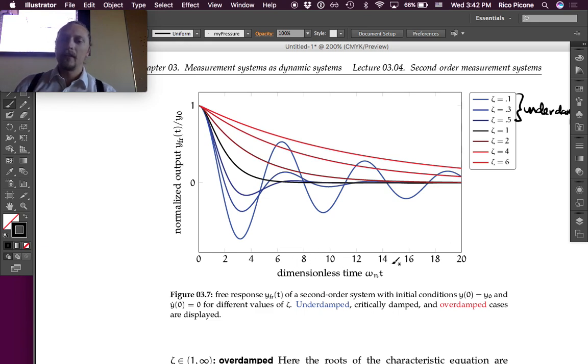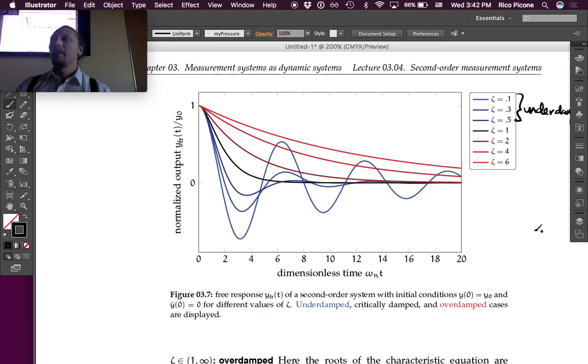It's just a scaling in the horizontal axis. If omega n is equal to 1, then it would look exactly like this. If omega n was equal to 2, you would have to divide this. It would essentially squish this in. If omega n was equal to 0.5, it would stretch it out.